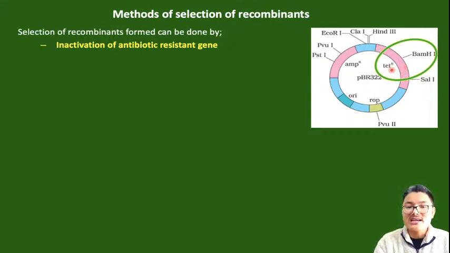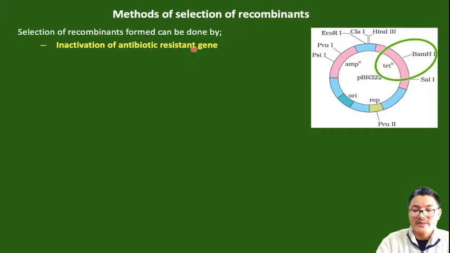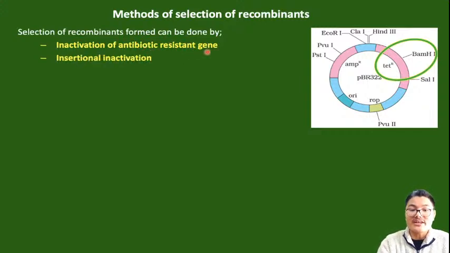So we have two methods for selection of recombinants. We require the recombinants, not the non-recombinants. We require the transformants, not the non-transformants. One is inactivation of antibiotic resistance gene, and the other is insertional inactivation.